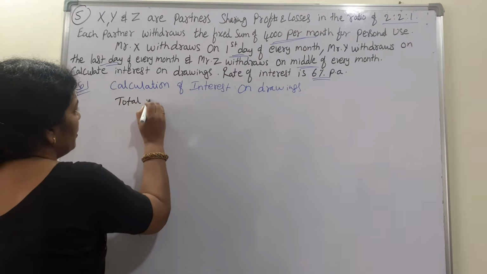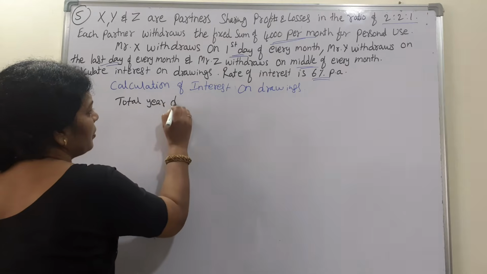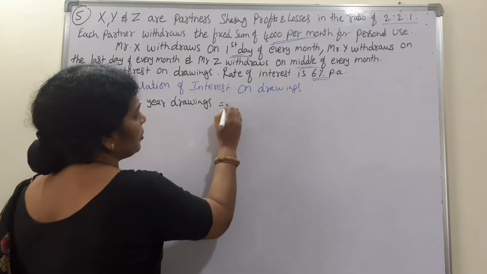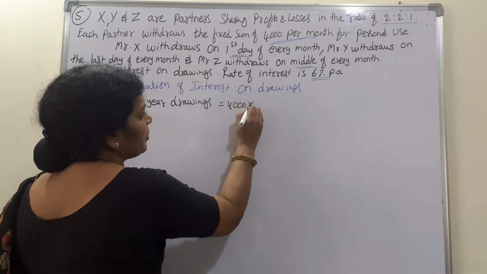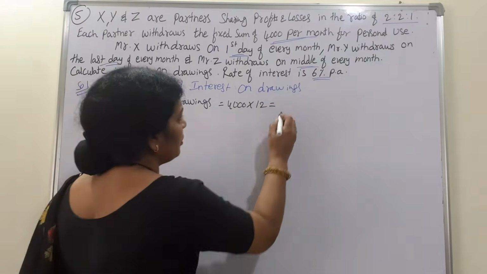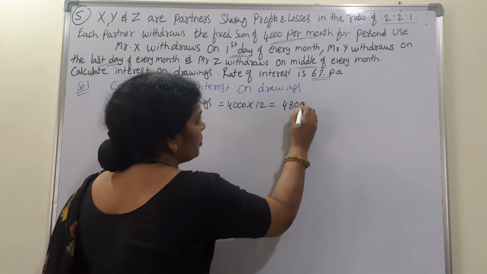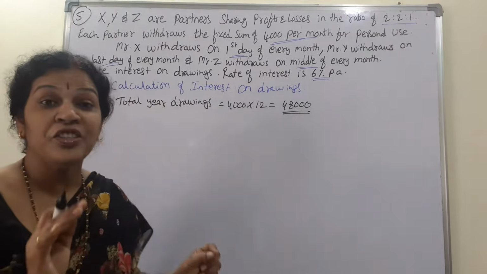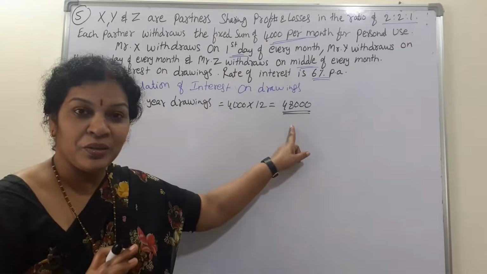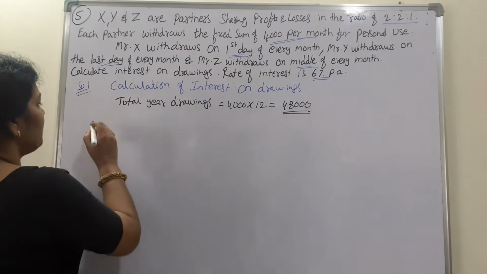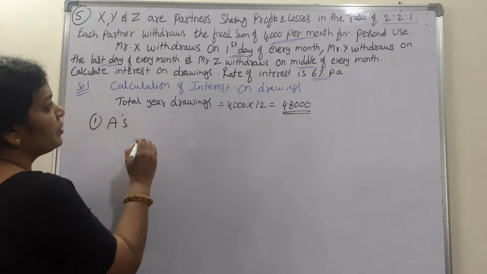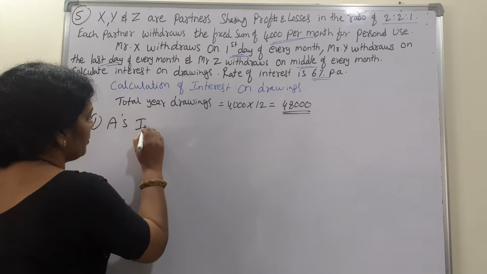Total year drawings is equal to 4,000 into 12 months. 12 fours are 48, so 48,000 is the total each partner withdraws in a year. Now we'll calculate interest on 48,000.